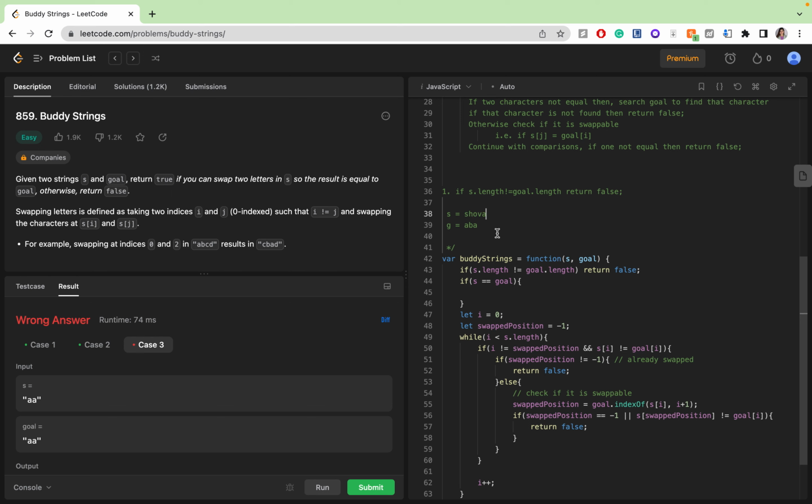Like suppose if it is exactly SHOPA and SHOPA, then also I would be able to swap two letters if they both are very equal, right? So how to know if there are two characters that are equal in that string?